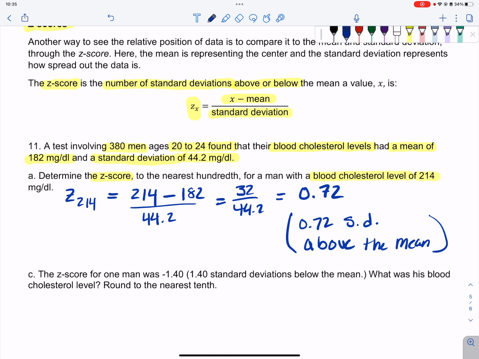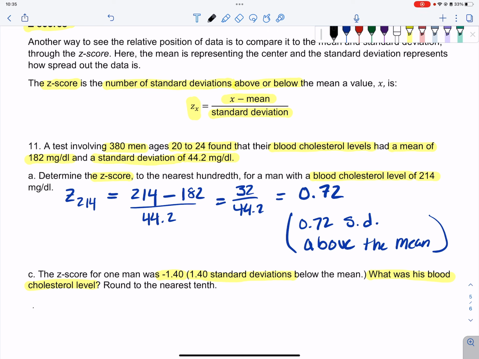The next one, we have been given the z-score for one man was negative 1.40. And that negative means that they are below the mean, and that they are 1.4 standard deviations below the mean. And what we want to know is what was his blood cholesterol level. So on this one, we don't know what x is in our equation, but we do know the z-score.